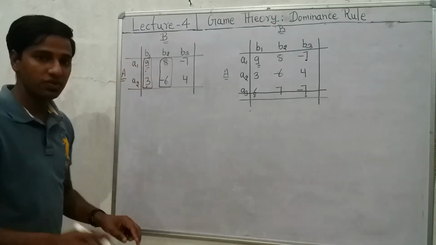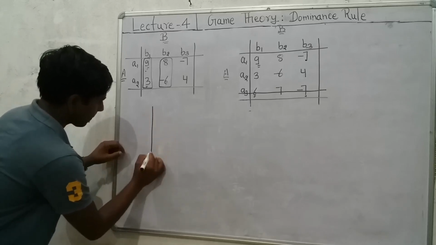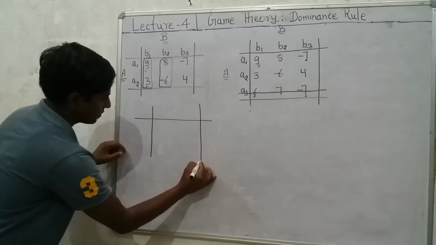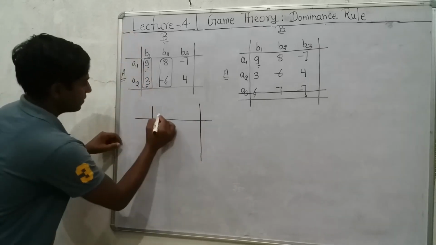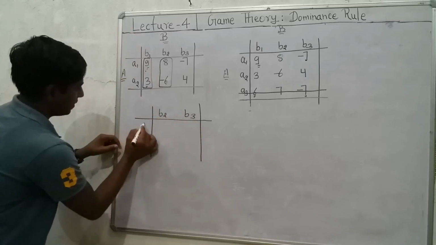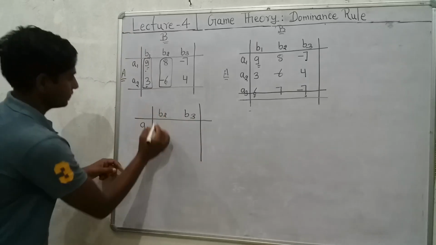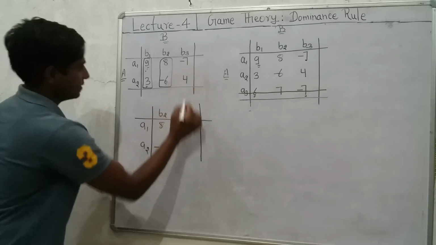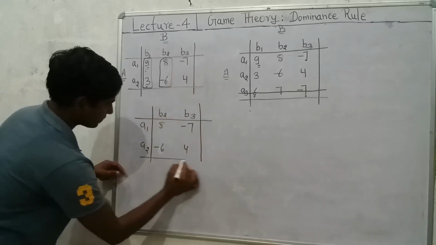So what would be the new or reduced payoff matrix? As we have eliminated the B1 strategy, there would be B2, B3, A1 and A2. So B2 is 8 and -6, B3 is -7 and 4.